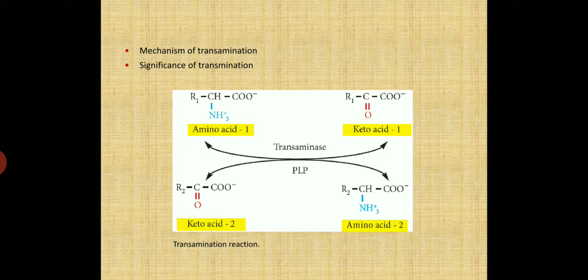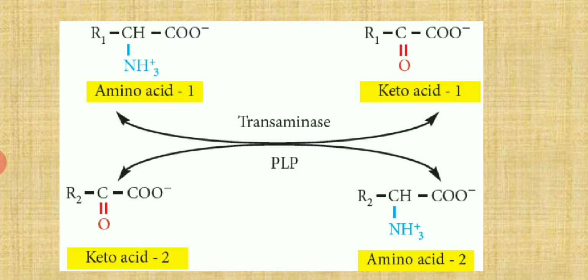Mechanism. So what is the mechanism of these reactions? Transamination exhibits ping pong mechanism of enzyme action and occurs in two phases. In first phase, the alpha amino group of amino acid 1 forms a Schiff base with the aldehyde group of enzyme linked pyridoxal phosphate.